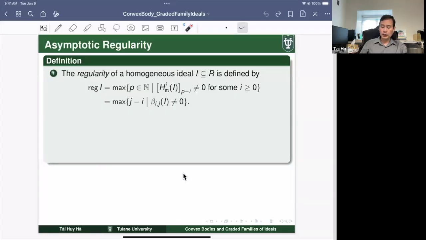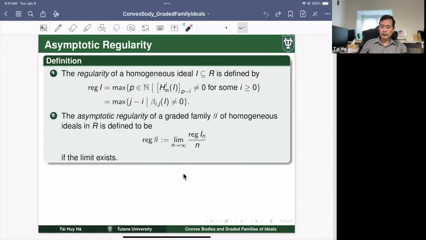And thanks to a result by Eisenbud and Goto, we know that when the ring R is a polynomial ring, this invariant can be computed from the resolution by looking at the max of j minus i, where the ij Betti number of I is non-zero.